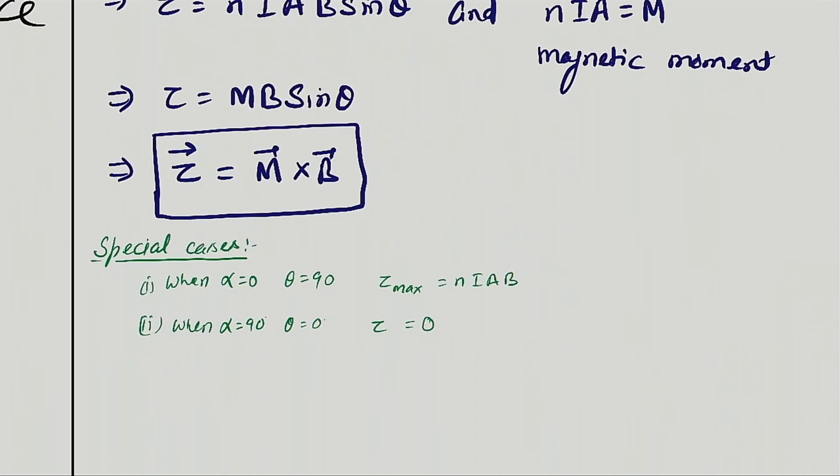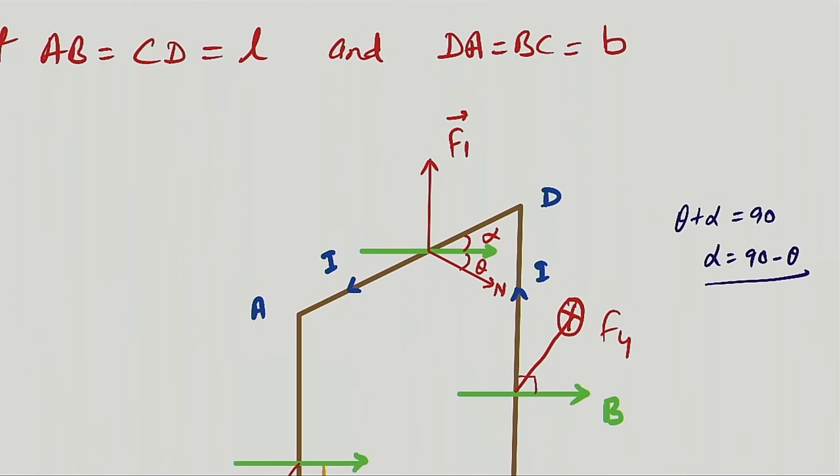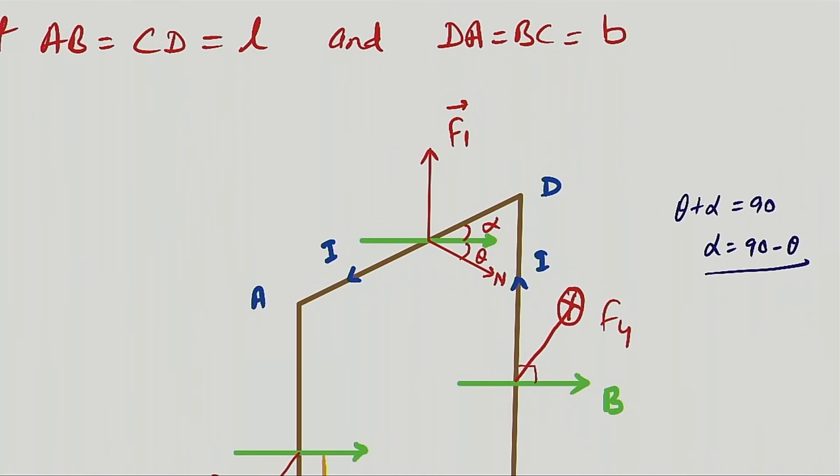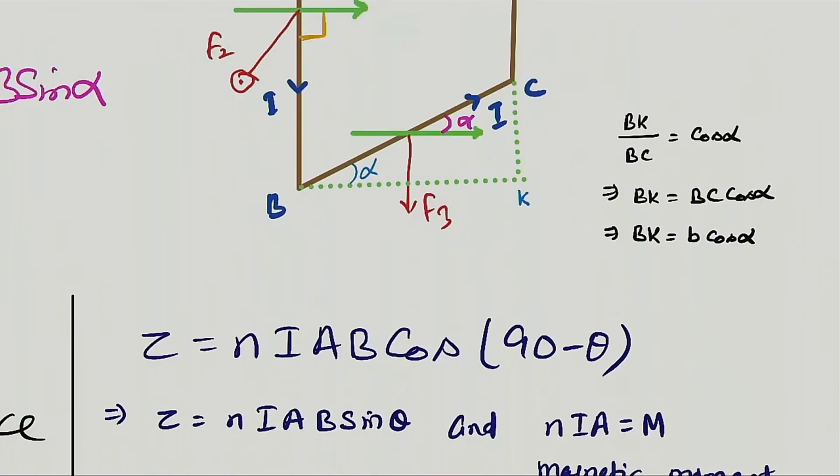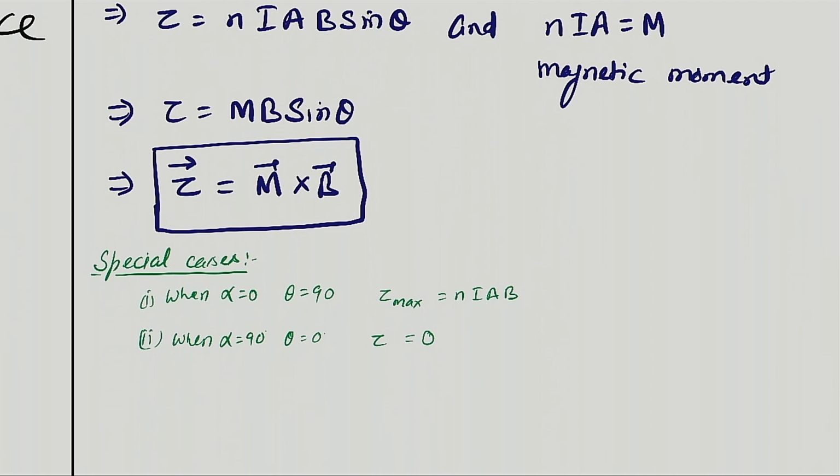Now from these results it is clear that when alpha is 0, then theta is 90 degrees. That means the area vector is perpendicular to the magnetic field. So the maximum torque will act on the coil, and that torque is given by NIAB, or we can simply write that this torque is MB, that is magnetic moment and magnetic field.